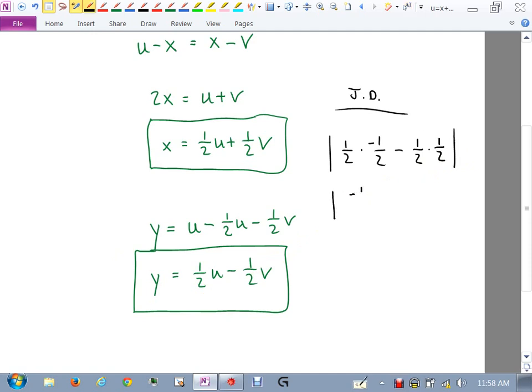So this gives me negative 1/4 minus 1/4, which is negative 1/2, and the absolute value is 1/2. There we go. All that for 1/2.